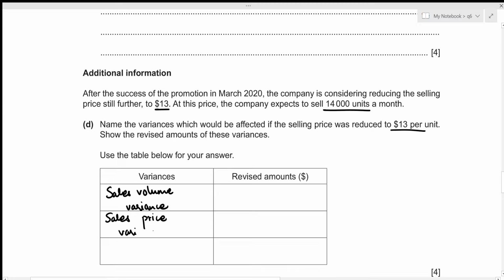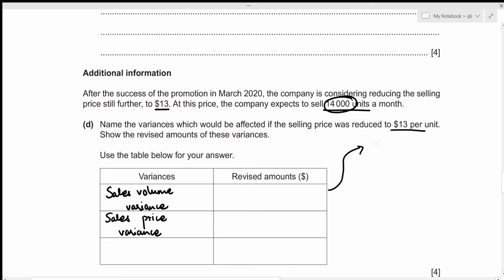So now we need to figure out the values. Let's figure out the sales volume variance. We know that our budgeted sales was 12,000 units, but we can see that for March 2020, we figured out the expected sales to be 14,000. So here the expected sales is higher, right?